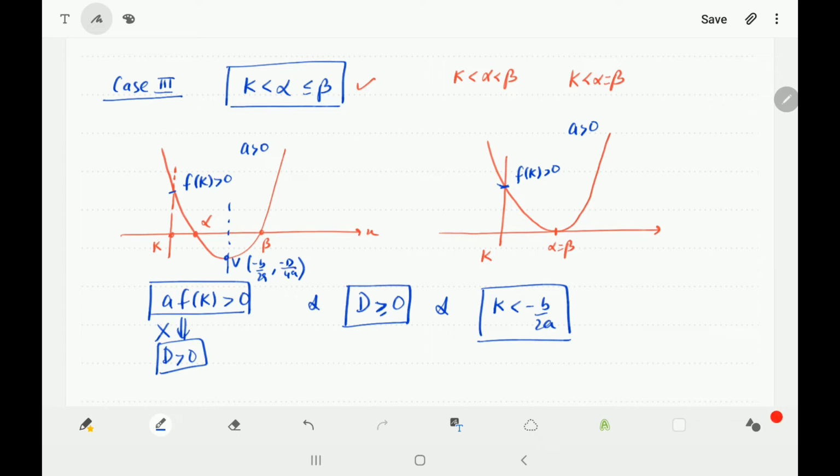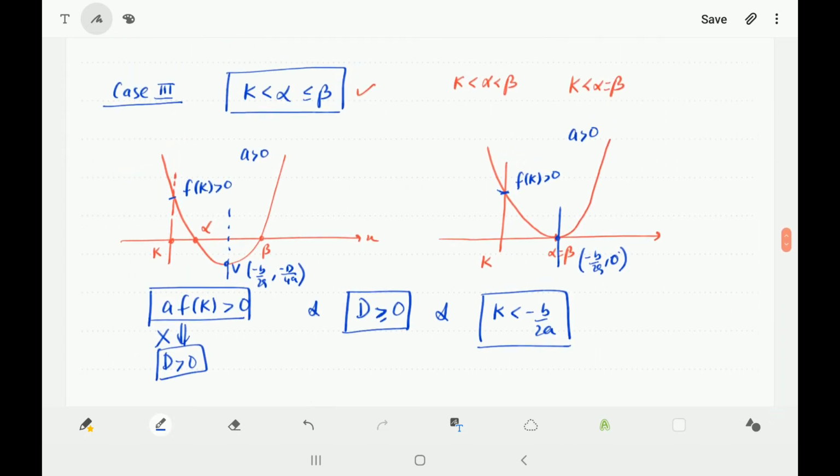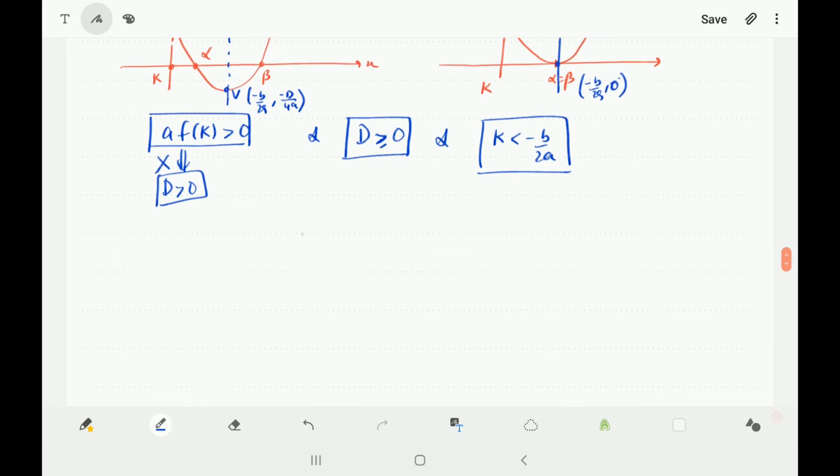So k is less than the x coordinate of the vertex. Here also the vertex will be minus b by 2a comma 0, because d is 0 in this case. So k is less than minus b by 2a. So for this condition, k is less than alpha less than equal to beta, the three conditions are: first, a into f of k is greater than 0; second, d is greater than or equal to 0; and third, k is less than minus b by 2a.